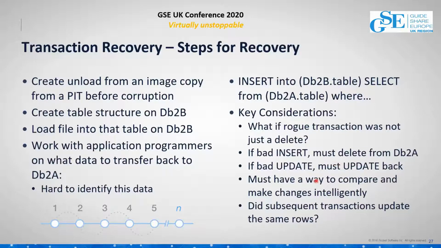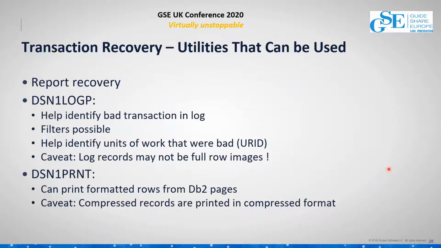And you must have a way to make these changes intelligently, because it would probably be a valid assumption that not only 10 rows have changed within 2 days, but many, many more rows would have changed. And the complexity can go through the roof depending on the number of changes that have occurred. And if subsequent transactions have updated the same rows, it gets even worse.